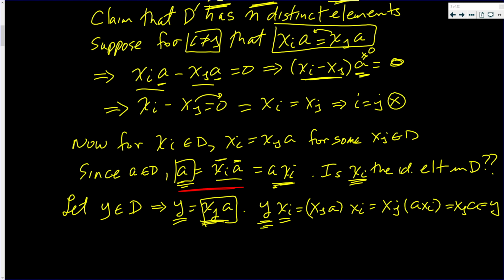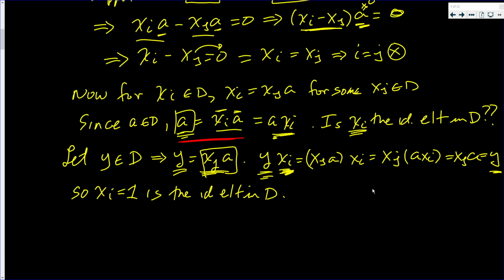So I took y, I multiplied it by something, and I got back y. So xi, let's call it 1, is the identity element in D. Okay, so we showed that this finite integral domain has an identity element.